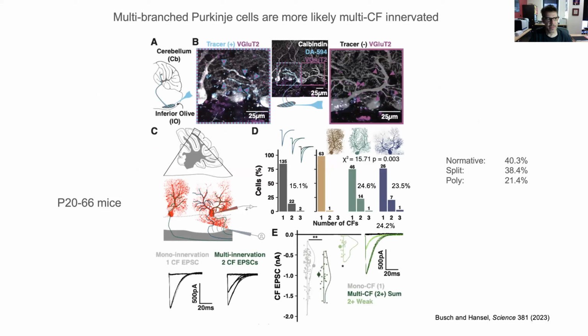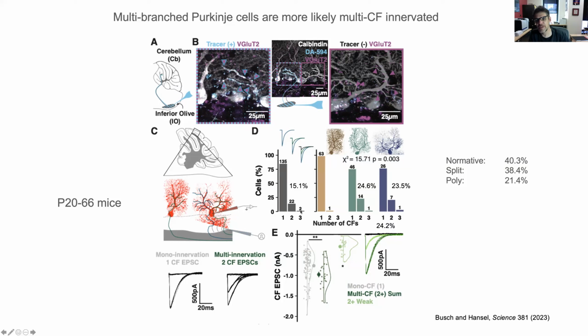With that in mind, we went on with our study and performed electrophysiological recordings, like patch clamp recordings, in P20 to 66 mice in our new study. We did patch clamp recordings and filled these cells with a dye to be able to reconstruct the morphology. We did that with increasing stimulus intensity and location for climbing fiber counts.